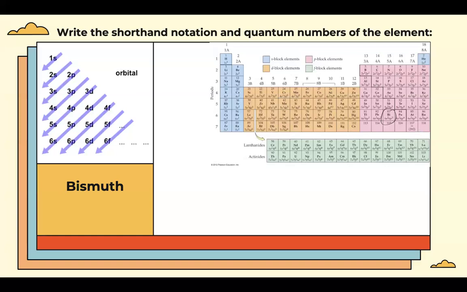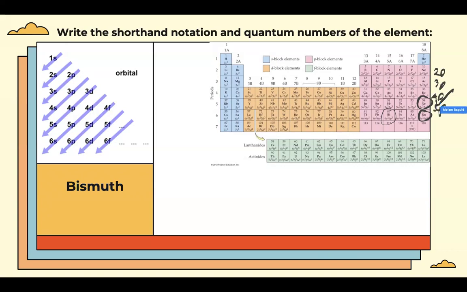Now, write the shorthand notation. What is the closest noble gas? It's either radon or xenon. Again, you have to choose the one that will not be greater than the atomic number of that element. So we have to choose xenon. The next is just to write all the electron configuration after xenon. So how many? This is 2p, 3p, 4p, 5p.